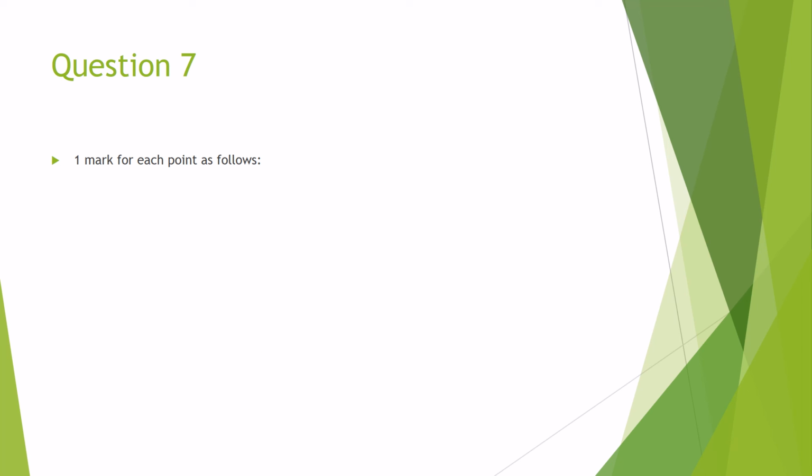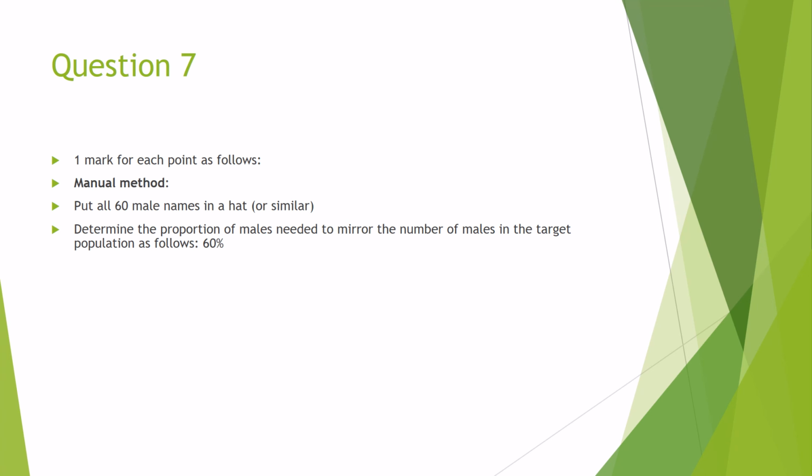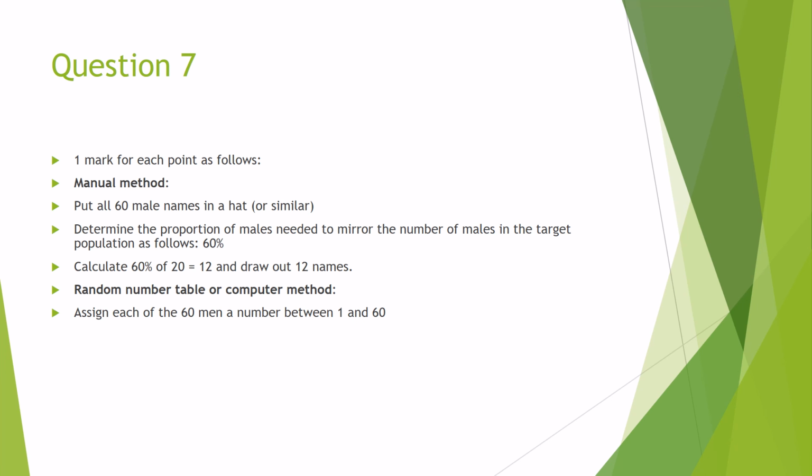Question 7, 1 mark for each of the following. So if you said any of these, then you got the marks. Put all 60 male names in a hat. Determine the proportions of males needed to mirror the number of males in the target population of 60. Work out 60% of 20, which equals 12, and draw out 12 names from the 60. Or assign each of the 60 men a number between 1 and 60.